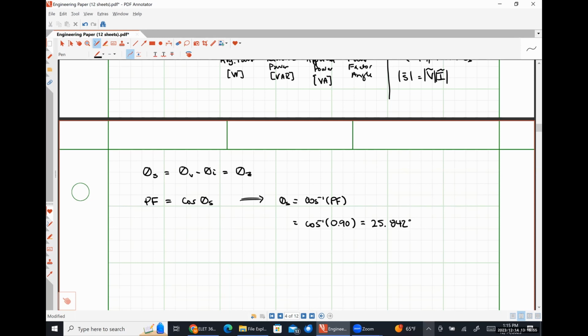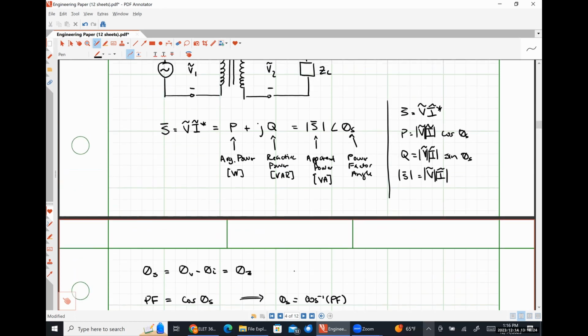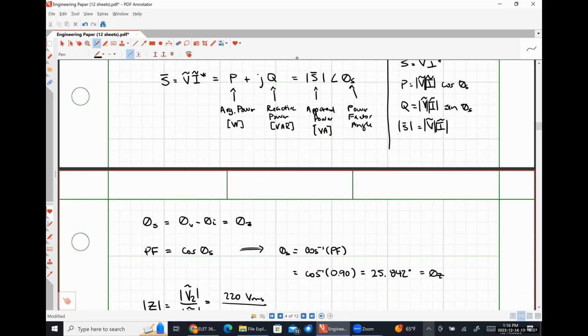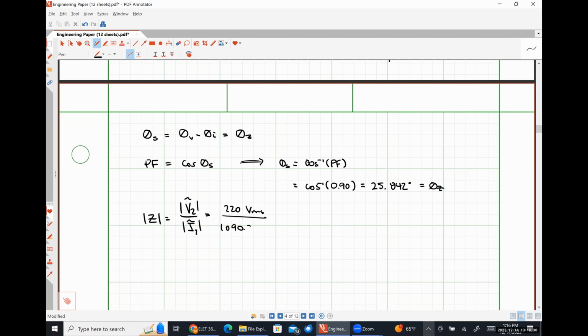All right. So this is theta Z. The magnitude of Z is just going to be the magnitude of V2 over the magnitude of I2, which we know is 220 volts RMS divided by 1090.909 amps RMS.